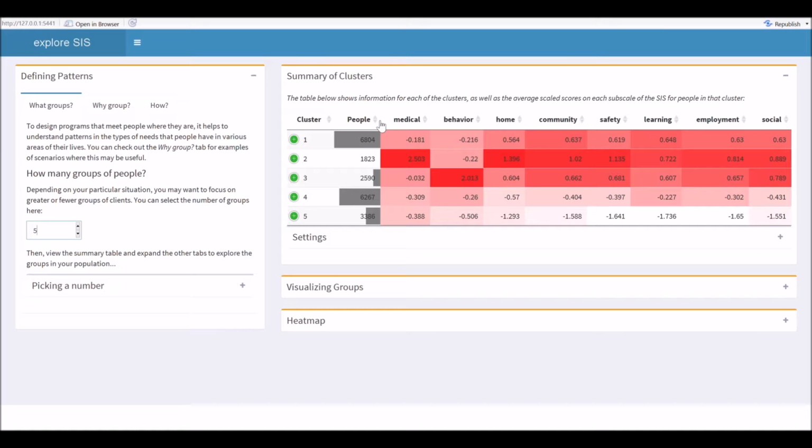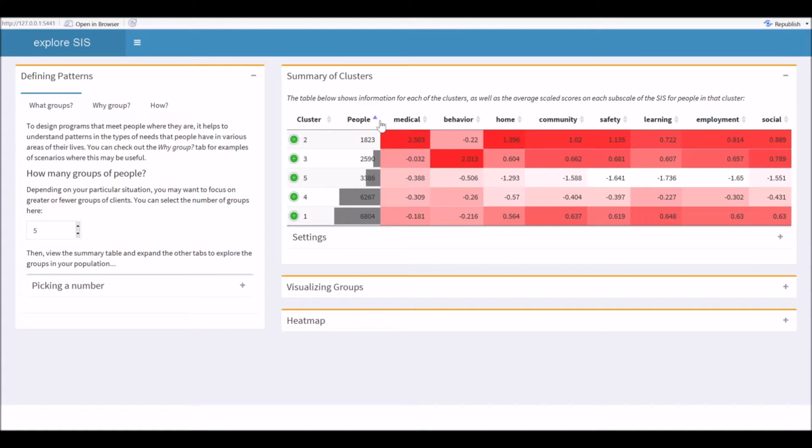So we can click on this chart. Like I mentioned earlier, you can click on pretty much anything and something will probably happen. You can sort by the number of people, and by doing this, we see that there are some distinct subgroups, and that the smallest groups are actually the ones with the greatest amount of need.